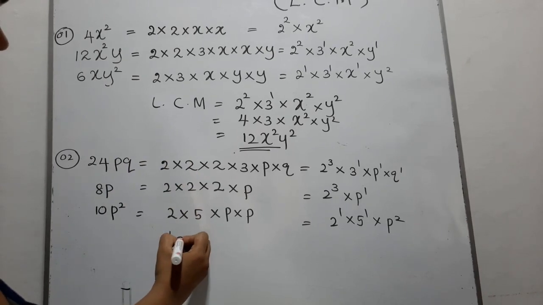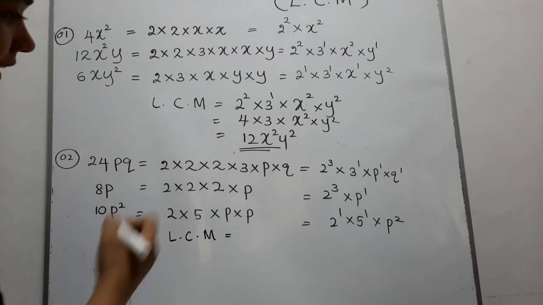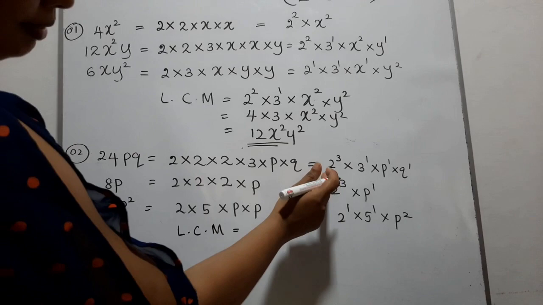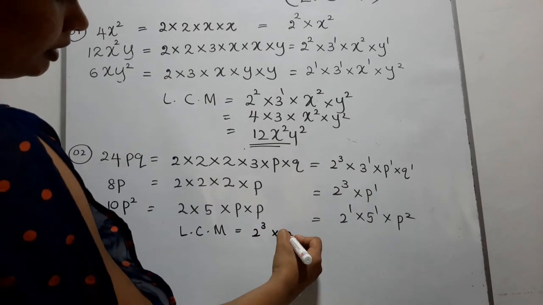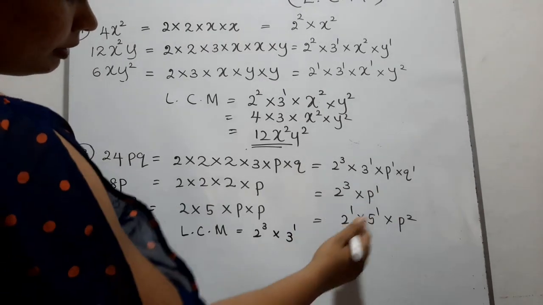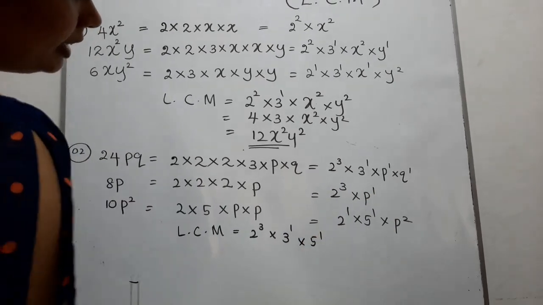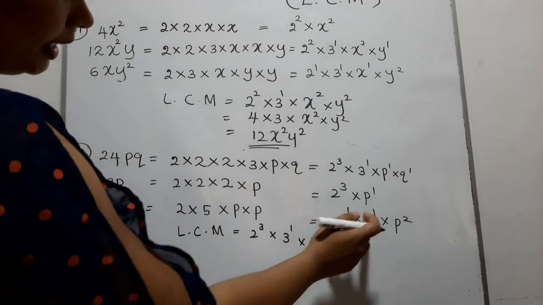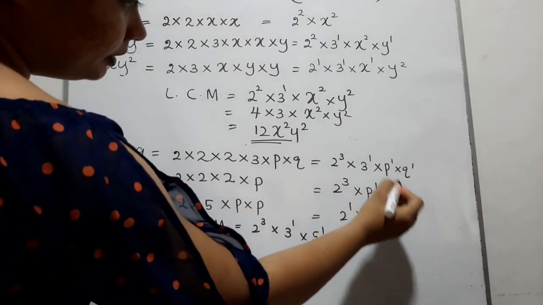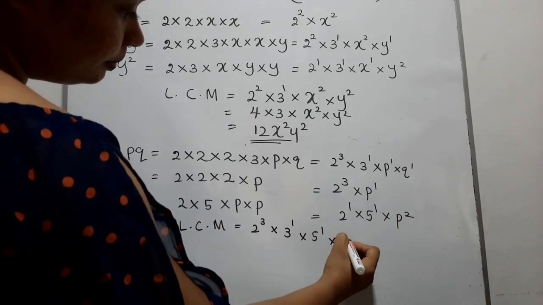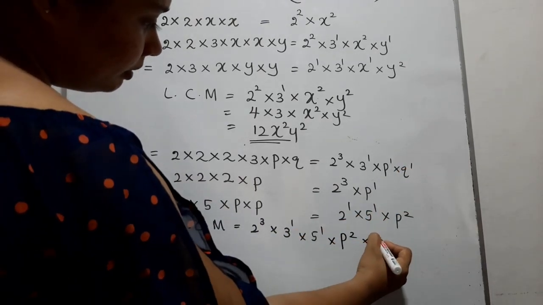Now let's find the LCM. We have to obtain the greatest power of each distinct factor. Here 2 to the power 3, 3 to the power 1, 5 to the power 1. They are the largest powers of these factors. Then p to the power 1, p to the power 1, p to the power 2. Here q to the power 1.